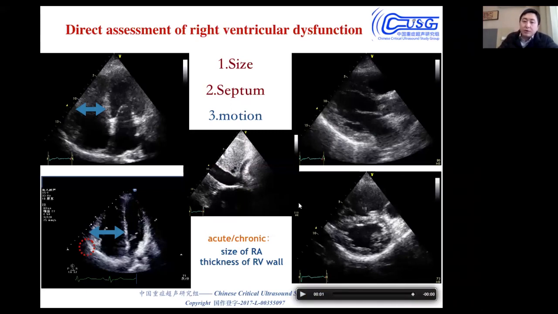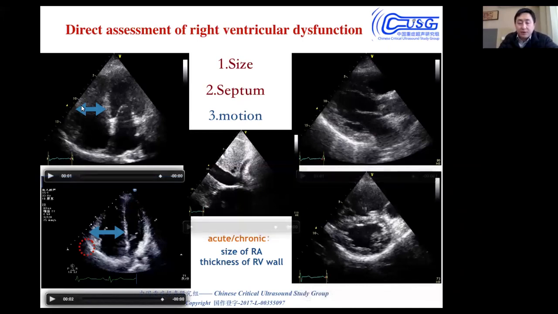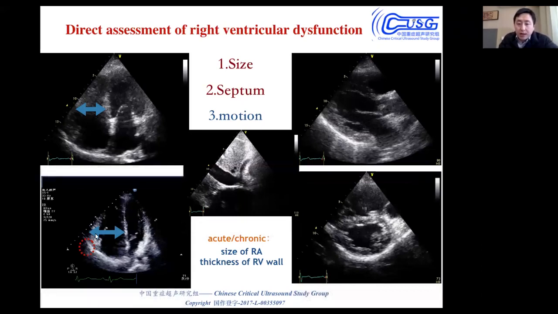And we will assess the motion of the free wall of the right ventricle as a third step. There are two additional factors we should assess: the size of the right atrium and the thickness of the right ventricular wall.